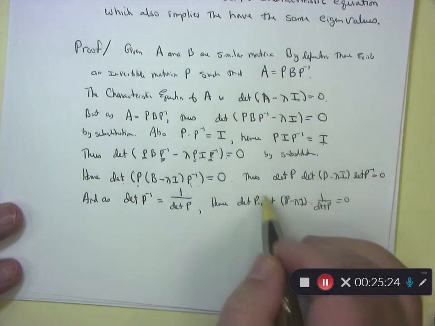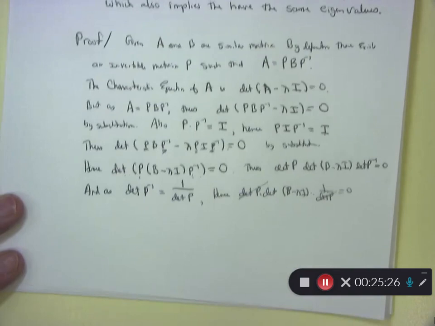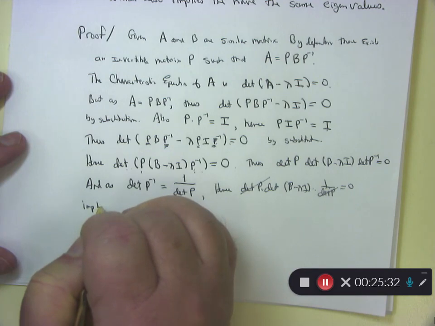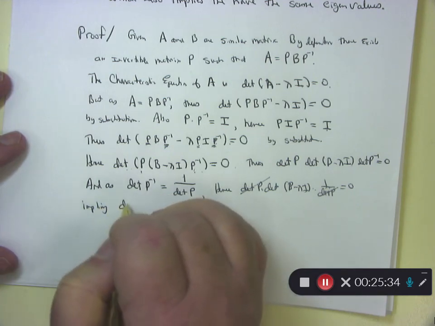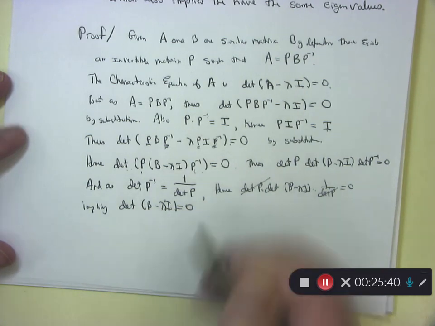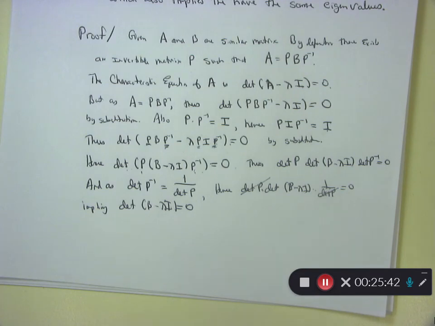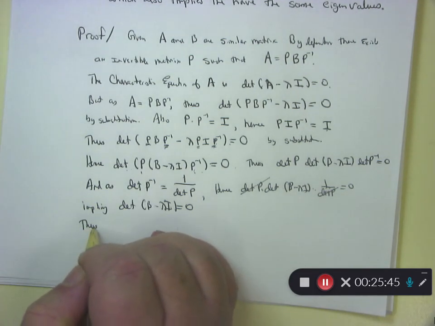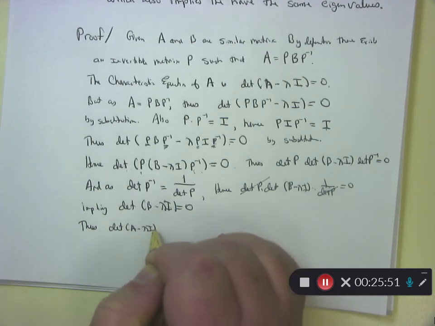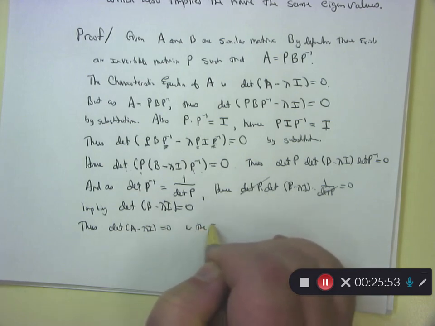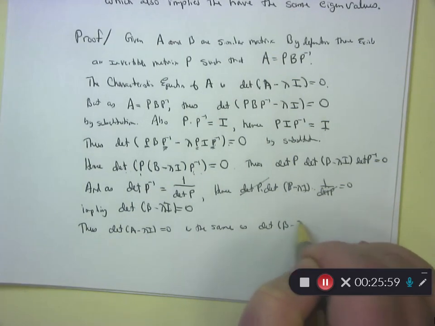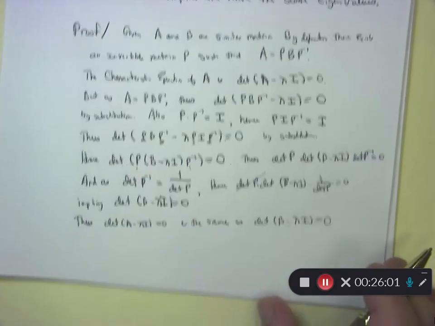And because now these are numbers, the determinant of P times 1 over the determinant of P are going to cancel, implying that the determinant of B minus lambda I is equal to 0. Thus, the determinant of A minus lambda I equals 0 is the same as the determinant of B minus lambda I equals 0.